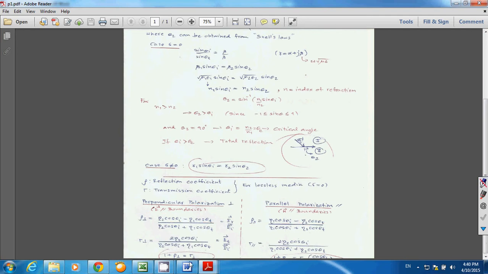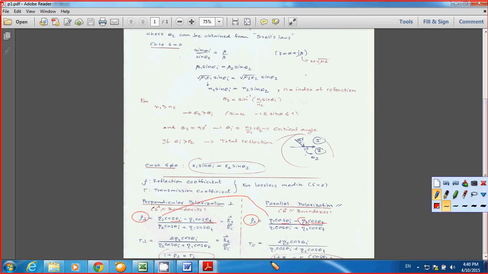The other thing is that the relation between the reflection coefficient and transmission coefficient for parallel polarization is not the same as for perpendicular polarization.